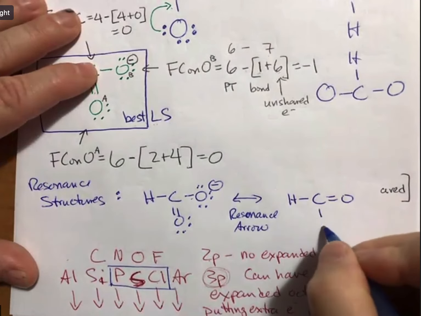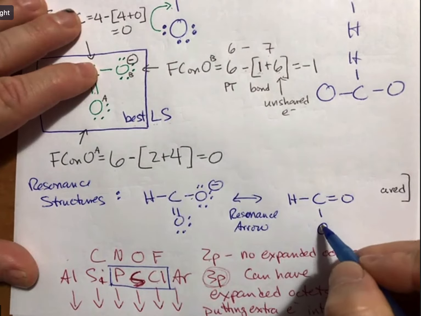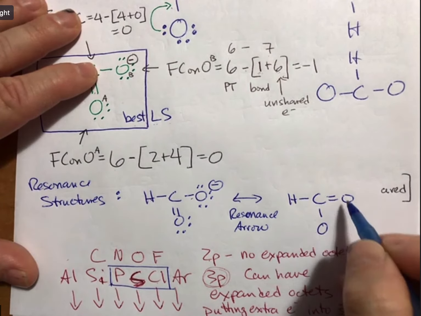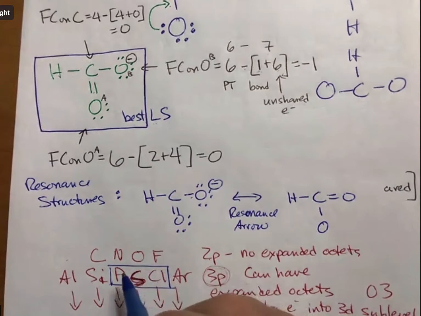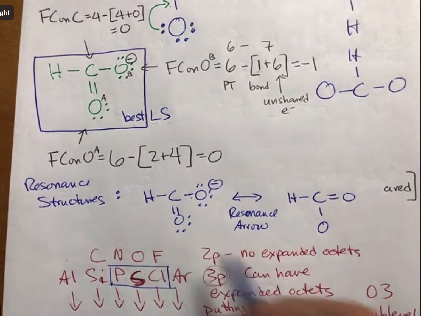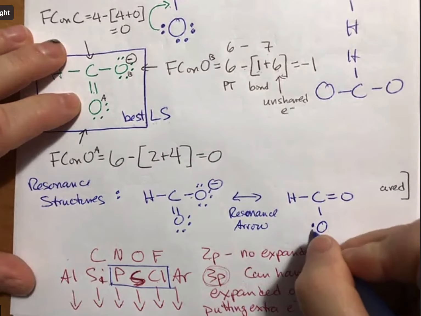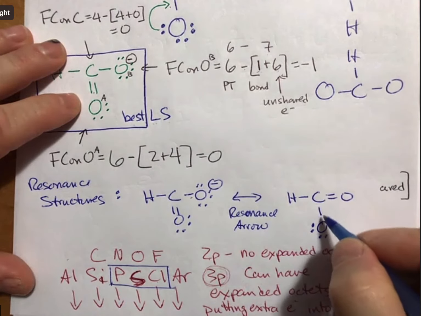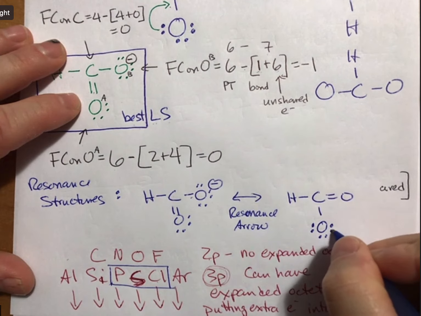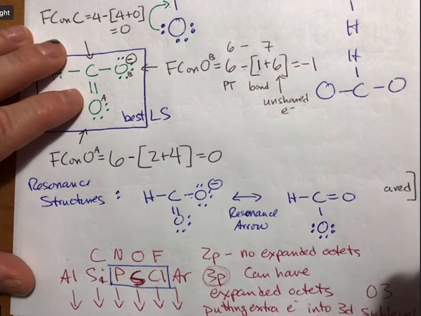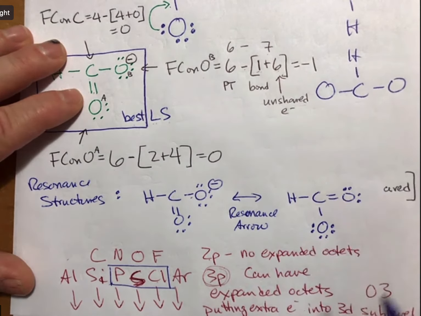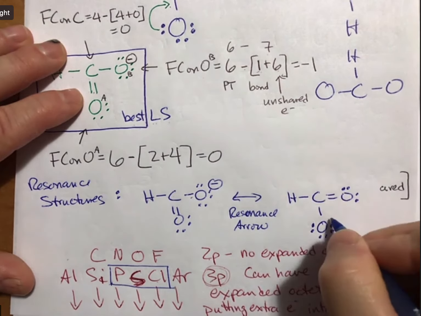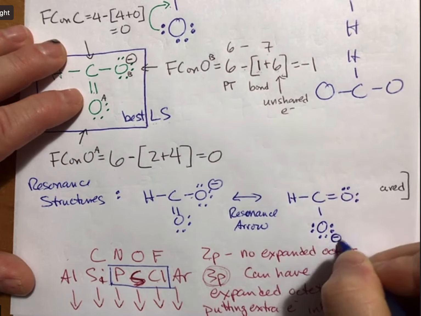Now the double bond goes to the right and the single bond goes down, and you can see that all of the atoms are in the exact same positions for resonance structures only. And then you fill in the electrons. If this oxygen has a single bond, then it will have 3 pairs of electrons. And if this has a double bond, it will have 2 pairs. And the formal charge of minus will be down here.